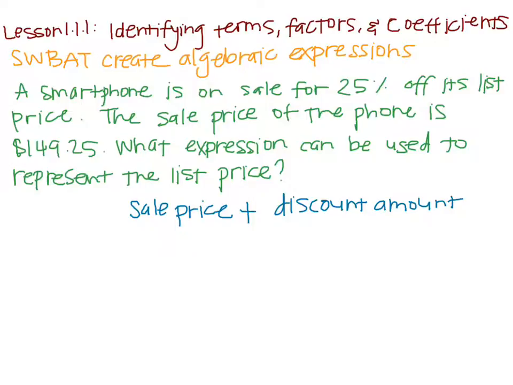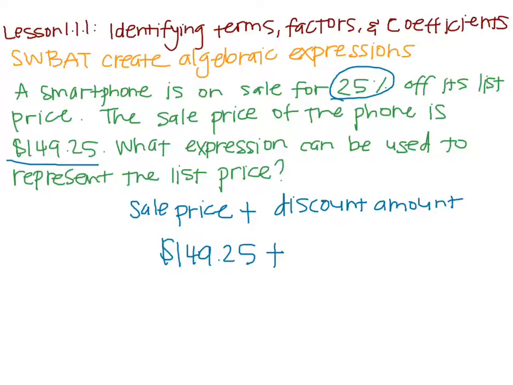Well, when I look up in my word problem, I see that the sale price was $149.25. So I'll write $149.25 plus the discount was 25%.